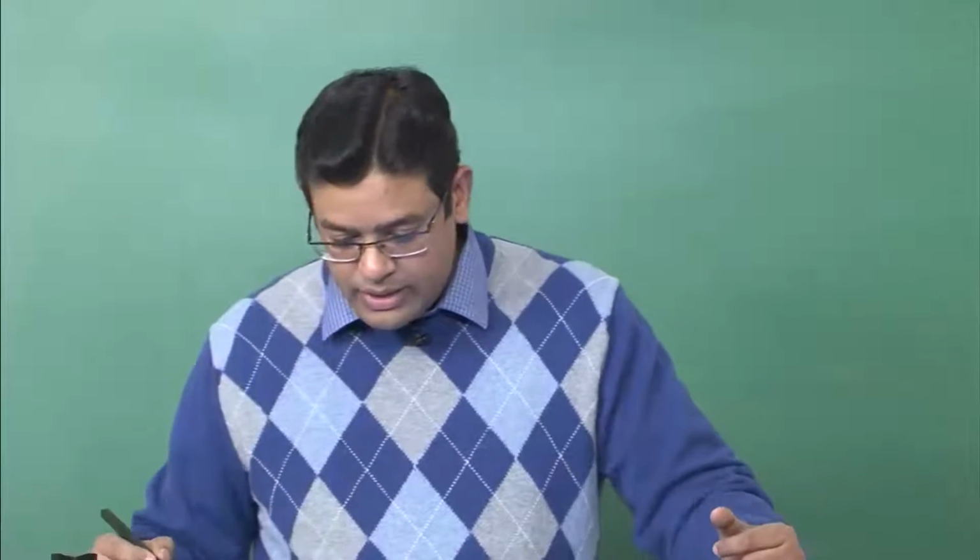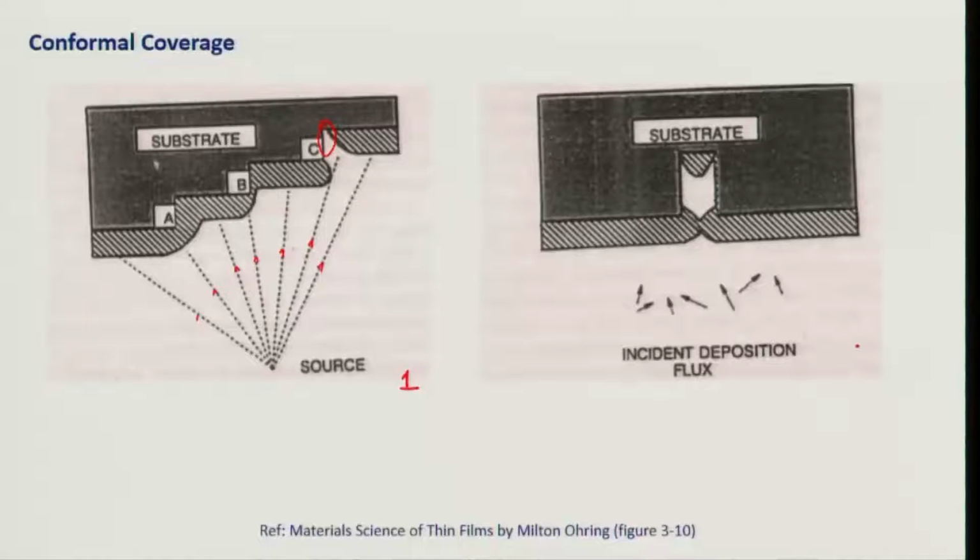Another problem, as you can see in figure number 2, is that if you have a high aspect ratio via or hole in your substrate which you want to fill with metal, which is very often required in the semiconductor industry when you make contacts. If your flux is coming uniformly, then it gets deposited on this surface here and here, as well as inside.